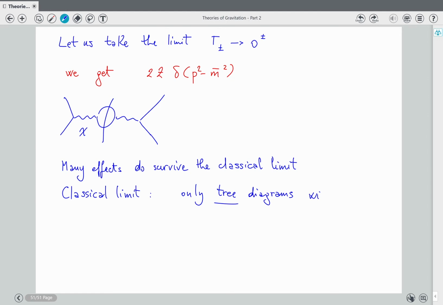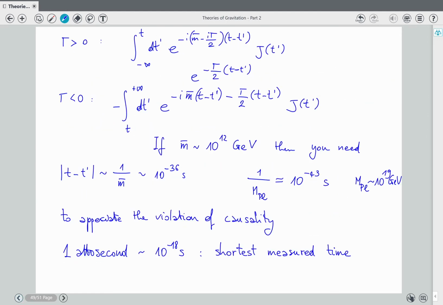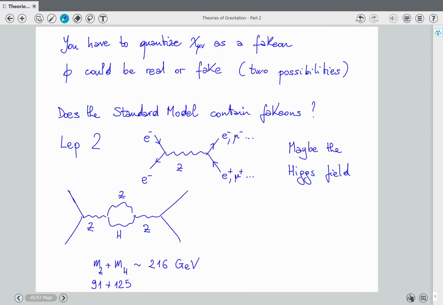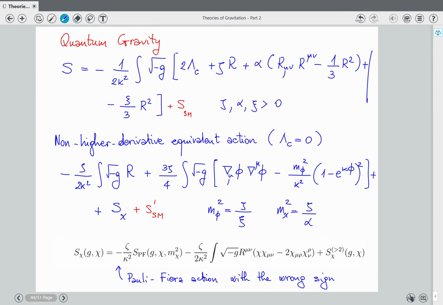So not all tree diagrams, because that is the unprojected theory, and the set of all tree diagrams is the classical action you start with, by definition. It's the set of Feynman rules you get from that.